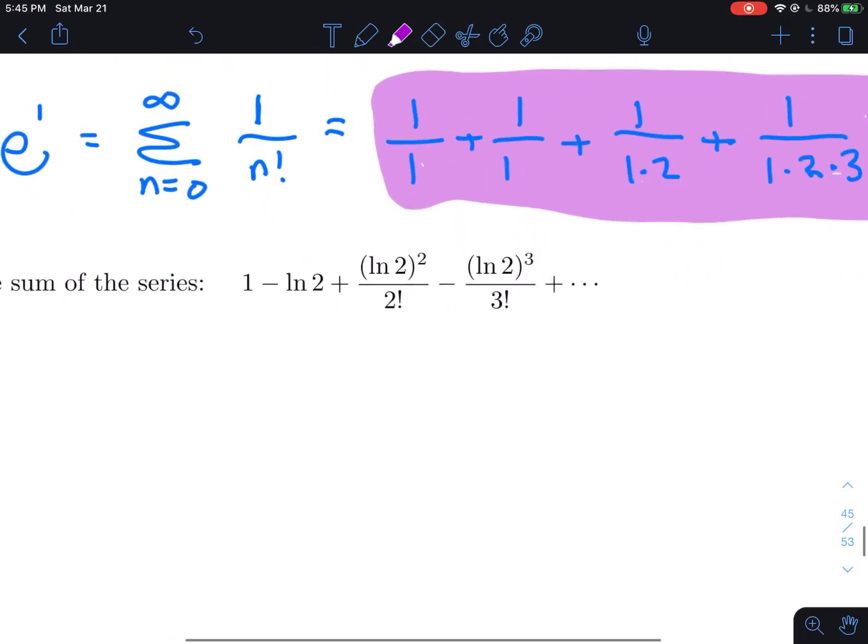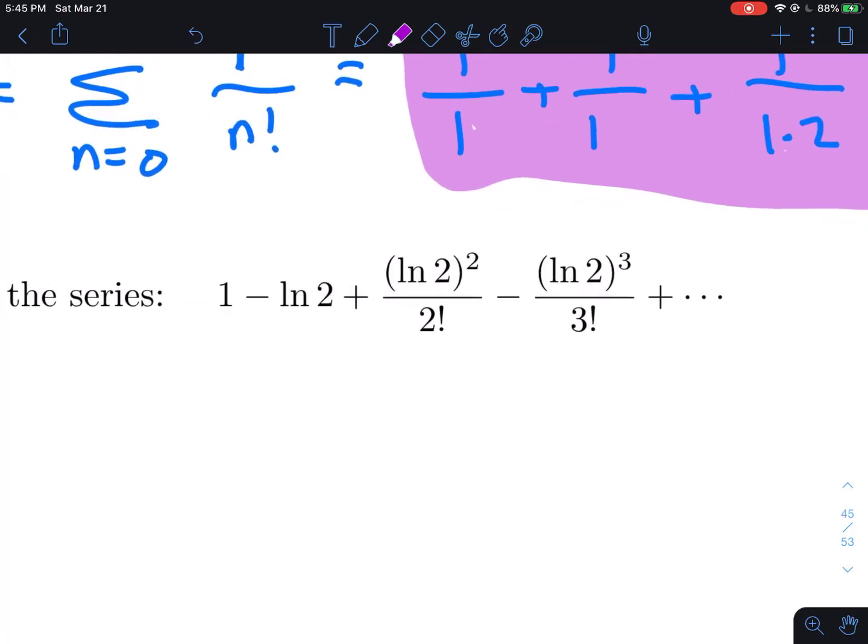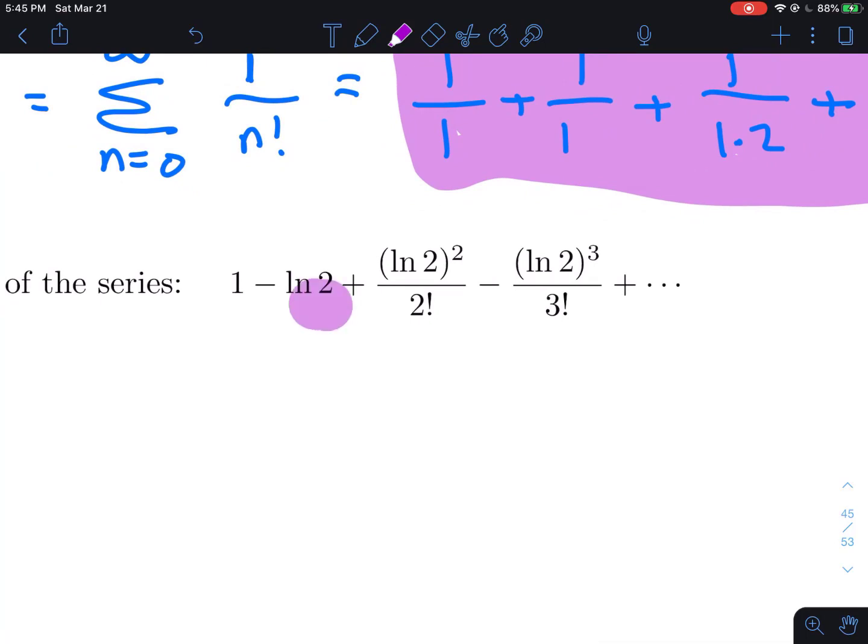Okay, let's play this game again with something a little bit more complicated. So we have something like this. And what I would recommend is that we go back to that list that we have from our first video in 11.10, and we try to eyeball this and see what it looks like. I noticed that, for instance, we have natural log of 2's being raised to higher and higher powers, and it looks like we're dividing by factorials.